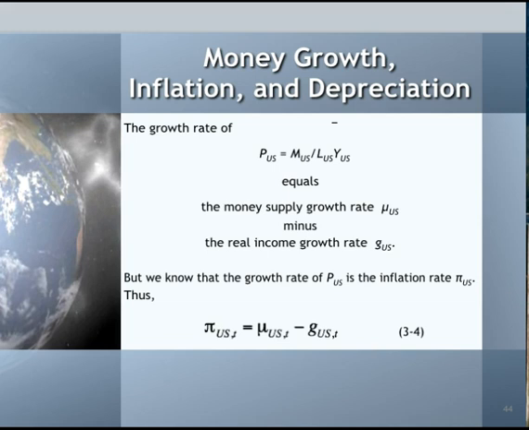So what we know from this is that inflation should equal the growth rate of the money supply minus the growth rate of money demand. Or in other words, pi should be equal to mu minus G. So we've learned another very powerful equation, that the inflation in the United States should equal the growth of the money supply, mu, minus the growth of real income, G.